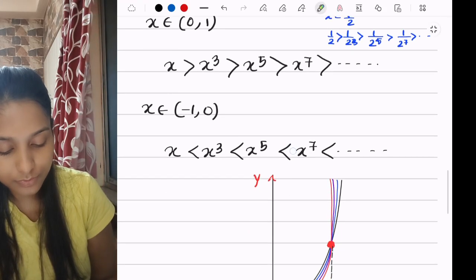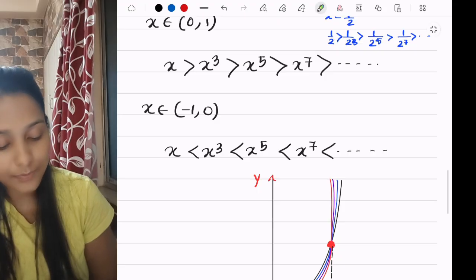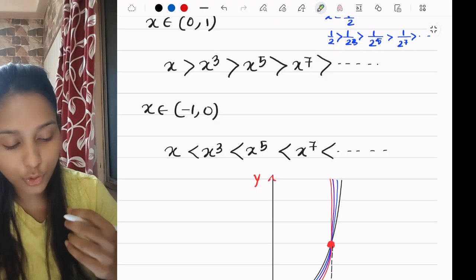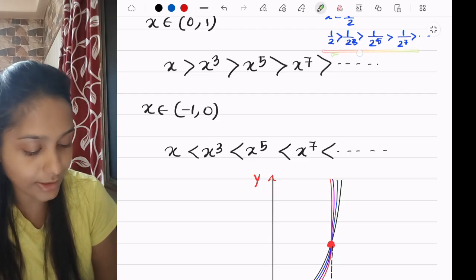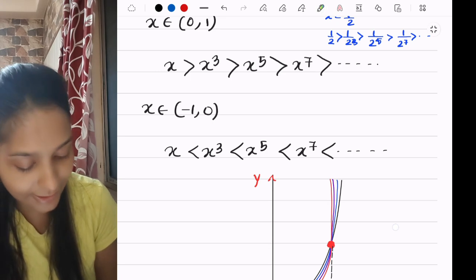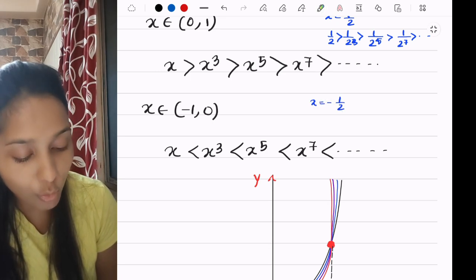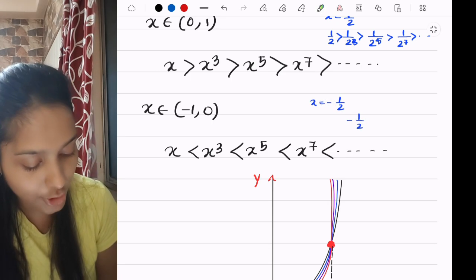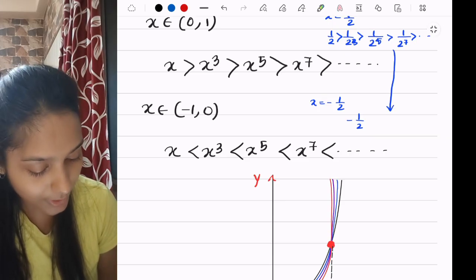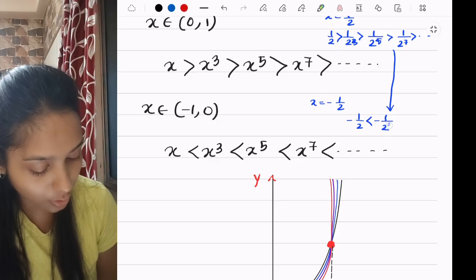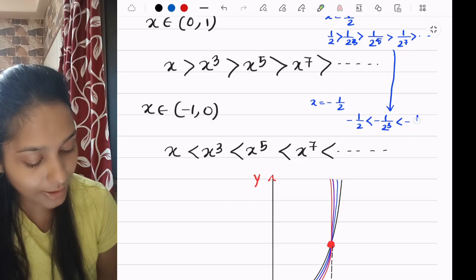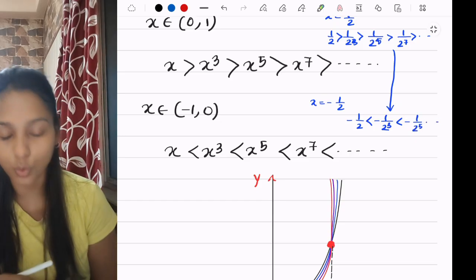Now moving to the minus 1 to 0 part, again due to the odd power, from this inequality we will only get the minus parts. Suppose I take the value x equals minus half, what will I get? Minus half should be less than minus half cube, as adding the minus changes the direction of the inequality, and minus half power 5 and so on.